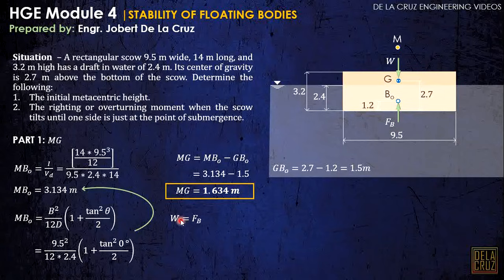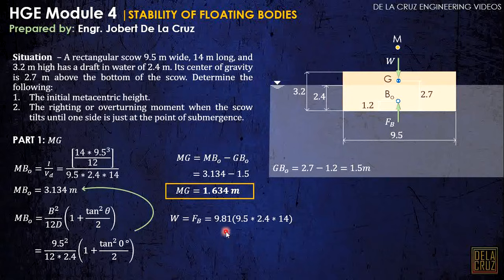So, we can just calculate our weight by equating this one, knowing that we have the volume of this place, no? The weight is equals to the buoyant force, but take note, buoyant force is gamma of the liquid times the displaced volume. That one. So, gamma of the liquid, 9.81 times the displaced volume. Okay?